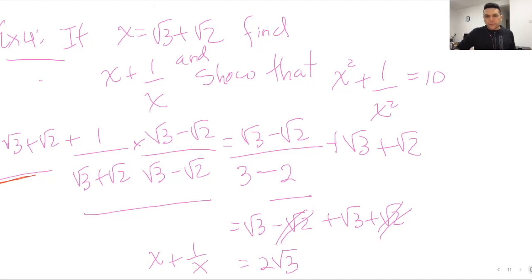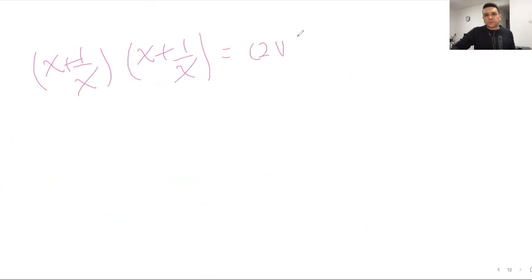Now, check this out. If I do this, right, x plus 1 over x times x plus 1 over x, I'm doing the same as this, right? 2 times the square root of 3 squared, right? Because I'm doing x plus 1 over x squared, okay? That's what I'm doing, right?